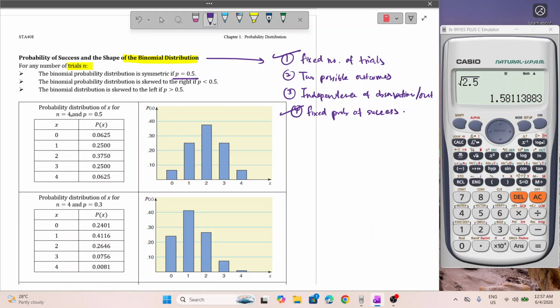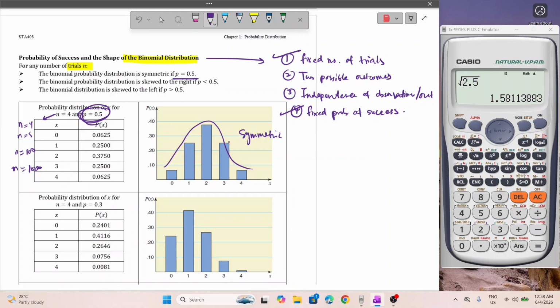So if you look here, when the probability of success is 0.5, no matter if n is equal to 4, 5, 100, or 1000, you will get this kind of distribution. We call it a symmetric distribution.